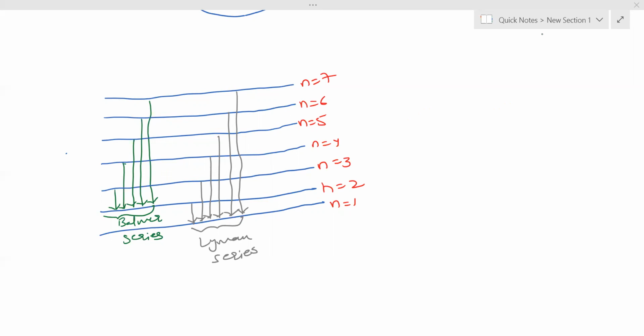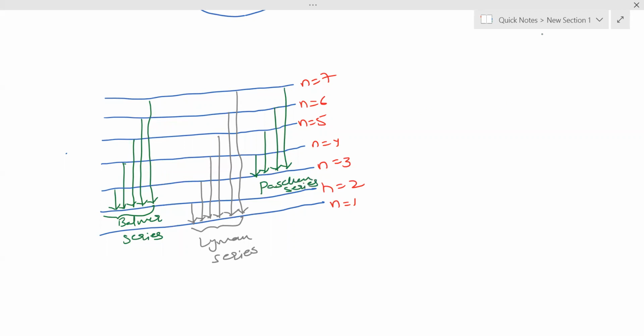When the electron moves from higher to lower energy orbits, energy will be emitted in the form of photons. And the same goes with the Paschen series. Here, the transitions are between n equal to 3 and higher orbits like this. So this is the Paschen series.